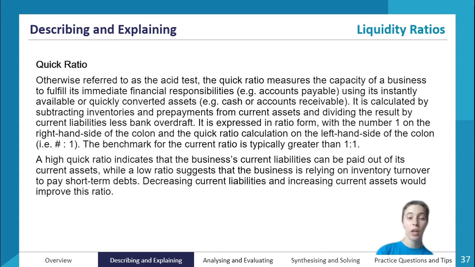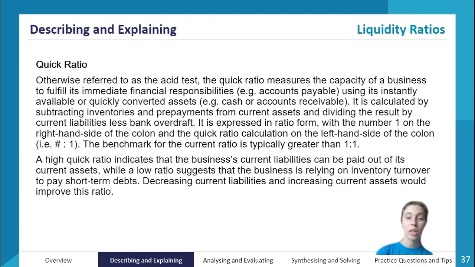The quick ratio is also called the acid test, and it measures the capacity of a business to fulfill its immediate financial responsibilities, so things like accounts payable, using the assets that are really on hand.